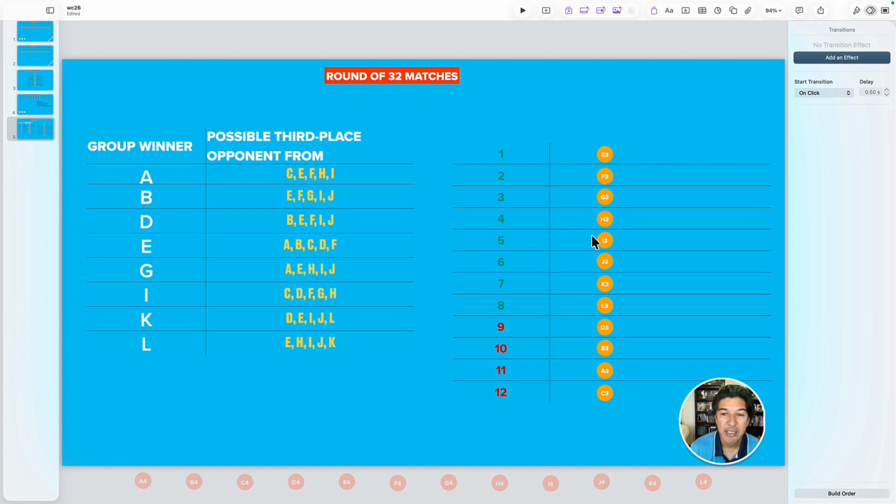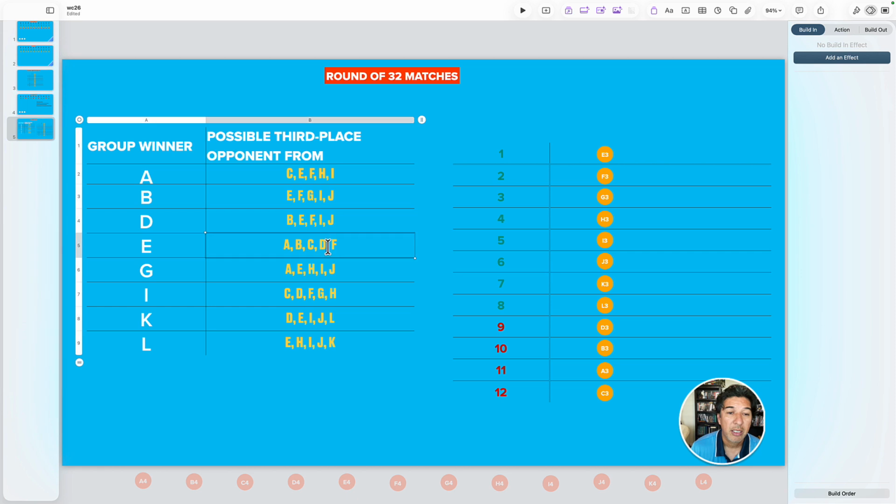Now, if you look at this scenario, A, B, C, and D are out of the round of 32. If you look at Group E, they could only play a team from Group A, B, C, and D, but they're no longer in the tournament. They went home.